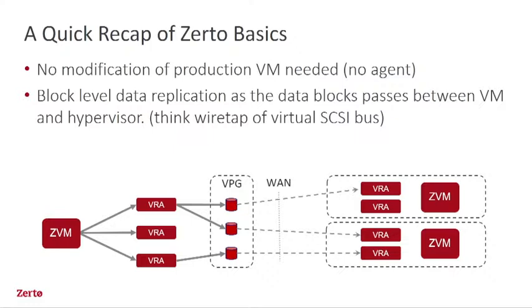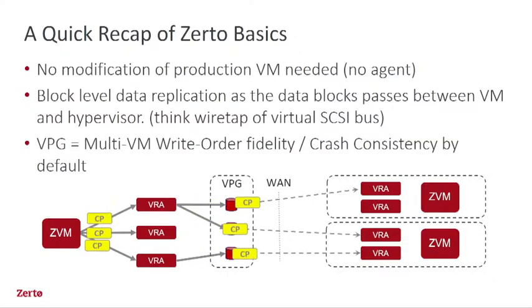To keep write order fidelity on VMs, with multiple disks in a VPG, checkpoints actually start at the source, and it's kind of like a Post-it note in the write stream. As it goes across, that's how we know that when all the disks show up at the other side, even if they're out of order, we can rearrange things and make sure it's in order.